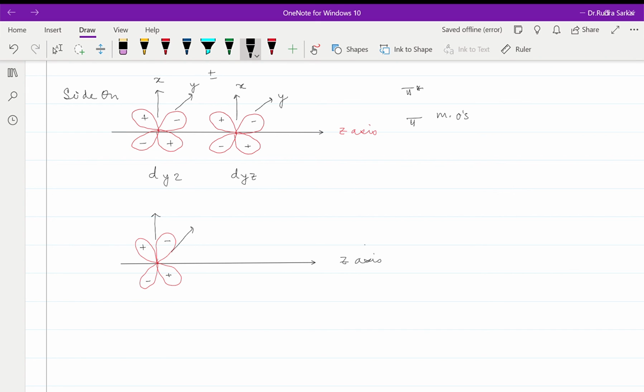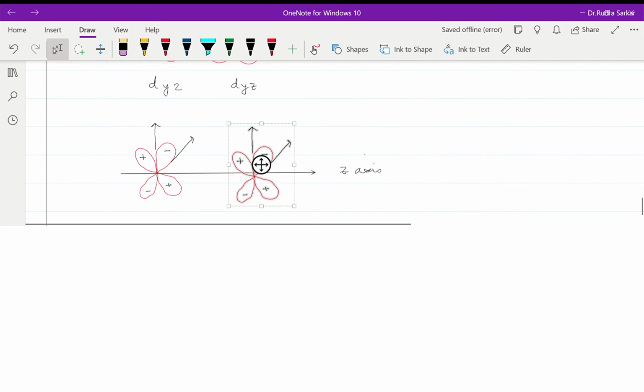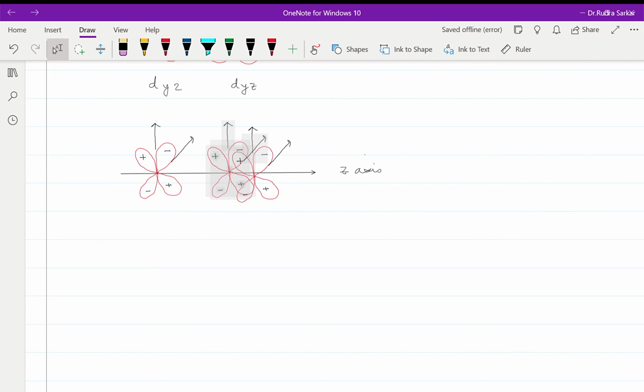Okay, let's copy this one. Paste it. And we have the other orbital over here. Okay, so this is our dxz, that is also dxz.